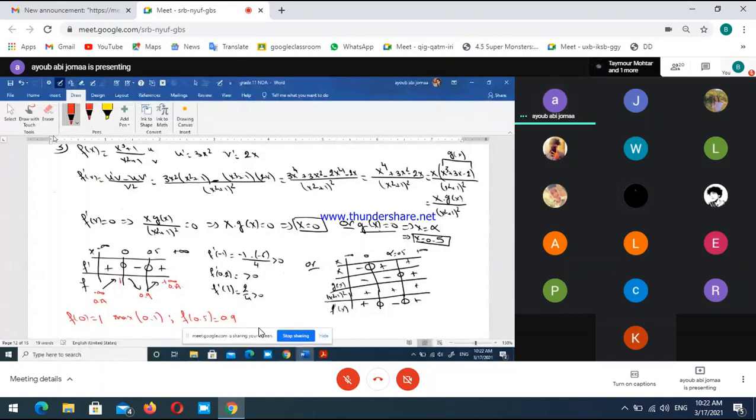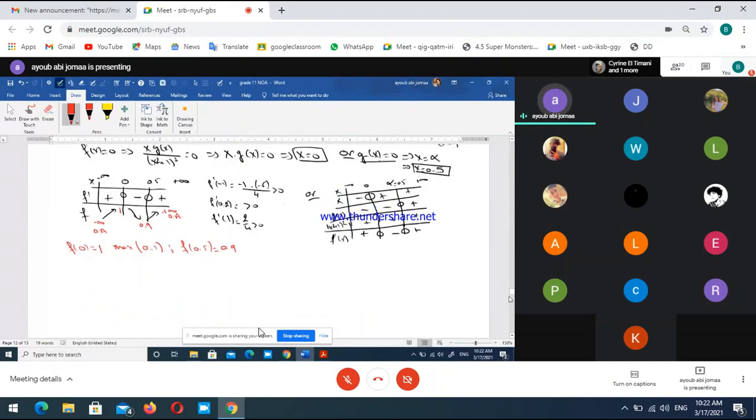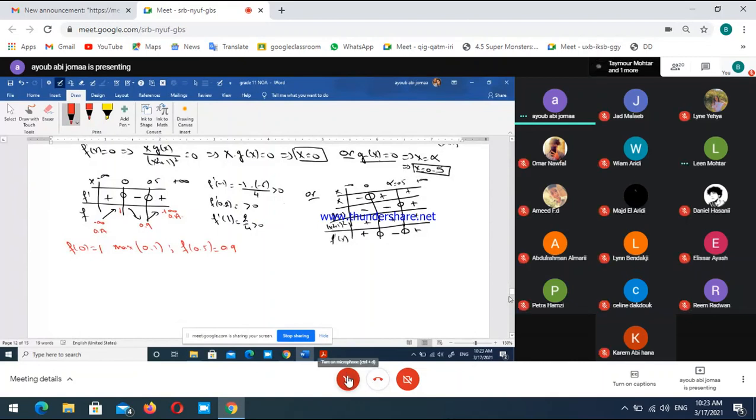Back to this. I was saying here, I wrote that f of 0.5 equals 0.9.